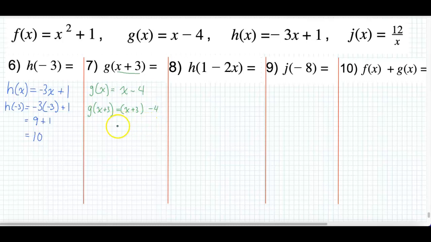Okay? And what does that simplify to? Well, like terms, we have 3 minus 4, so that's going to be minus 1, and we just have x still here. X minus 1. So that is g of x plus 3. All right, let's keep moving.